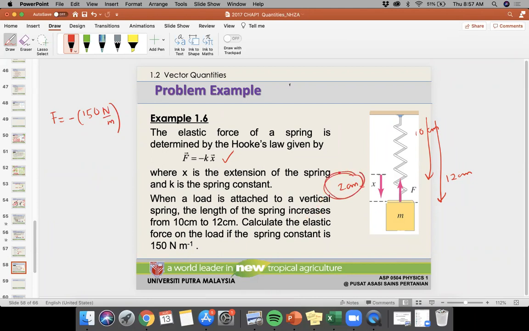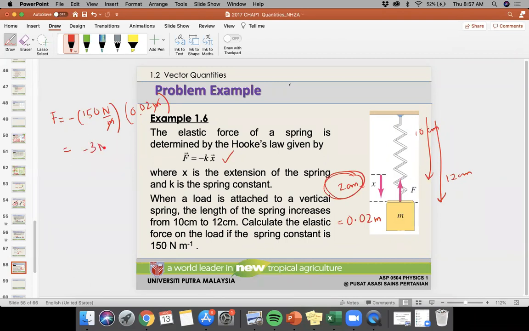Change the unit. Meter means change to meter. What is it in meter? 0.02 meter. Now I can cancel it out, which gives me 150 times 0.02. 3 newtons.